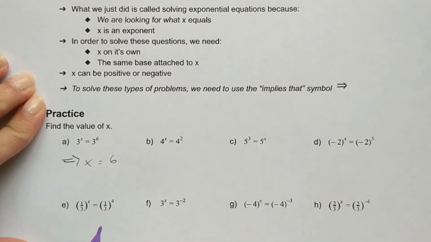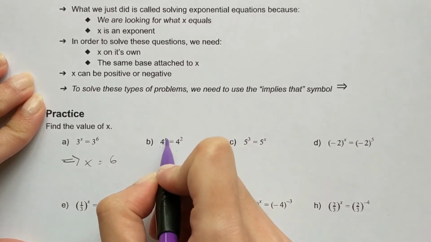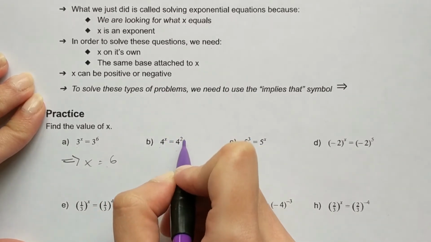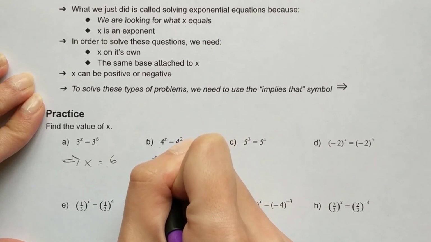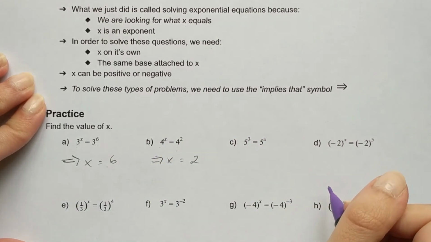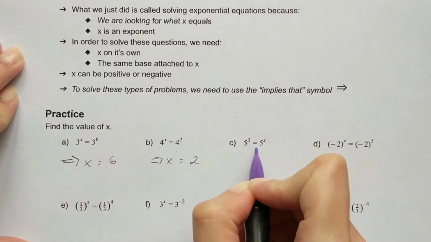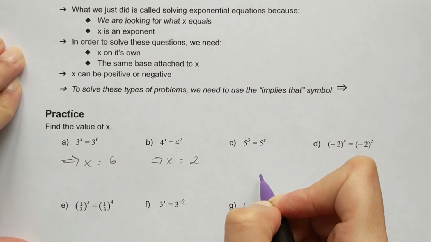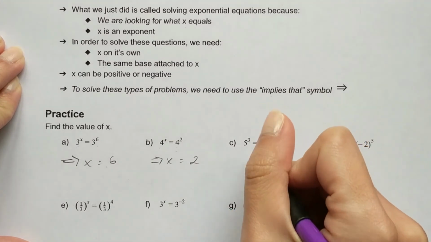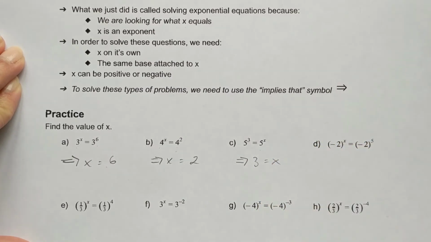That's the only way for this expression to make sense. How about here? 4 to the power of x is 4 to the power of 2. Well, that must mean x is equal to 2. 5 to the power of 3 is equal to 5 to the power of x. Well, that implies that 3 equals x.